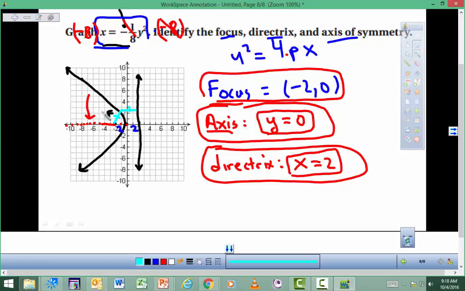The distance from the focus to the parabola is equal to the distance from the parabola to its directrix. Always. So if you go clear out here, that distance is the same as this distance. Does that make sense? No matter where you go. That's a very interesting relationship.